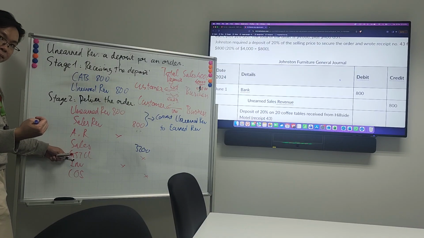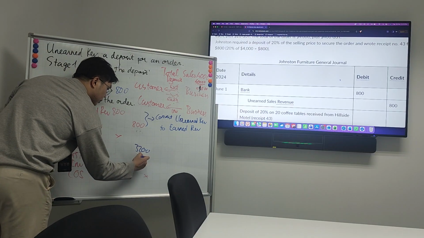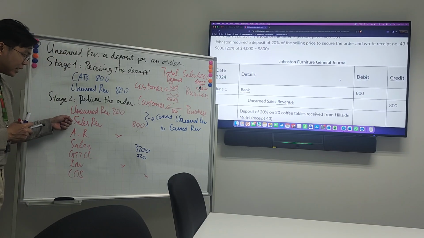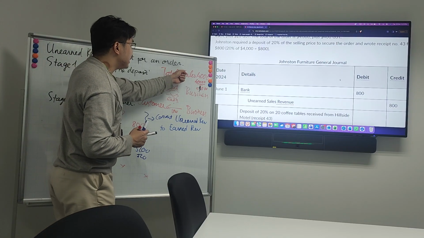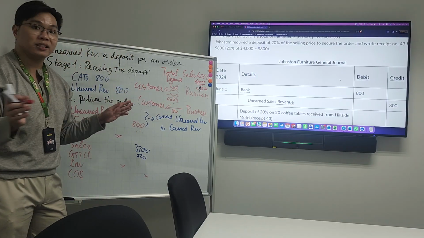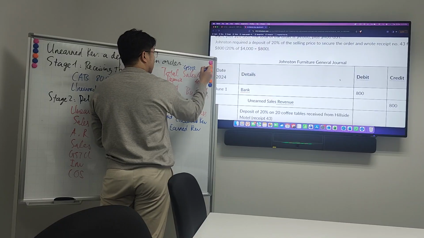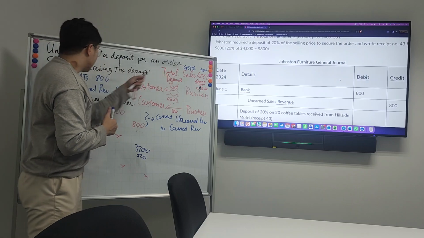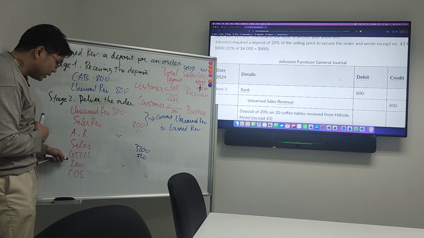Next, GST. Usually, GST should be 10% of this, which makes it 320, right? But if you pay attention, when we recognized the sales revenue up here, we haven't mentioned GST. So the GST for this sale hasn't been recognized at all. The GST on top of this sale should be 10% of 4,000, which is 400. Therefore, we have to recognize that GST here.